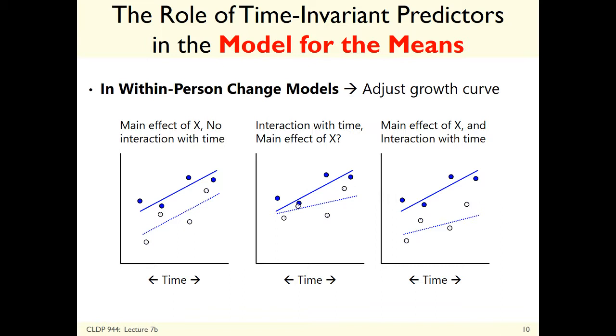Does that make sense? Group in that case would change over time, but it would change over time in the same way. So if I had group by time, let's say in this picture, and it's time 1 times group, then you would have a 1 unit difference. And then if you multiplied it by time, whatever group was, it would still be the same distance. I'm not saying this very well. Another way to think about a group by time interaction is whether the effect of group changes over time.